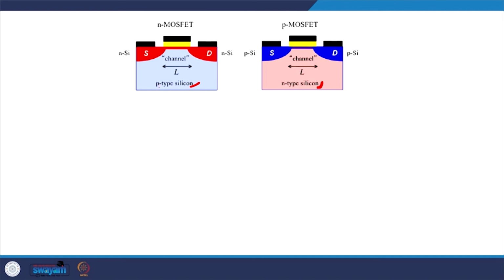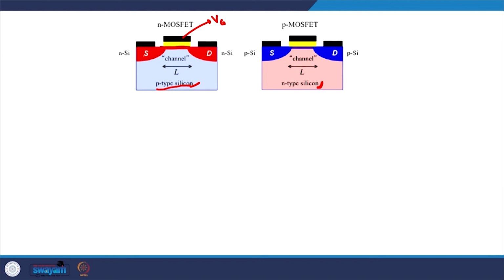When the body is p-type silicon, generally the channel region that we obtain after the inversion of the material, after we apply a gate voltage here, and we will apply a positive gate voltage in this case, will pull a lot of electrons to the interface between the oxide and the body, and that will make an n-type channel.